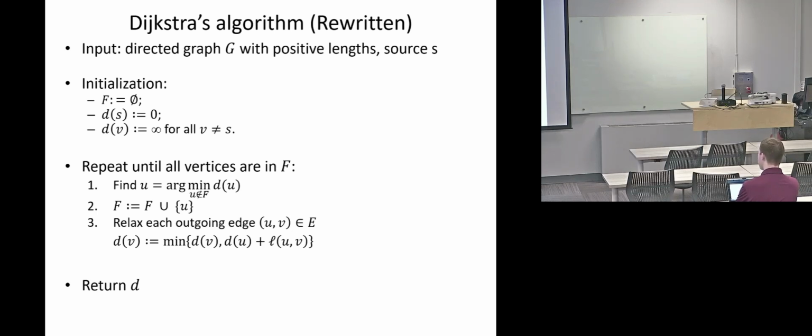And what we're going to do is look at edges incident to you, and relax all those edges incident to you. So you decrease the estimate of V, the node that is incident to you, and then repeat.